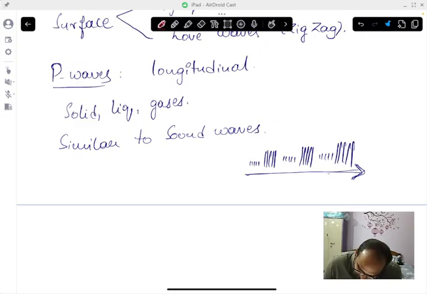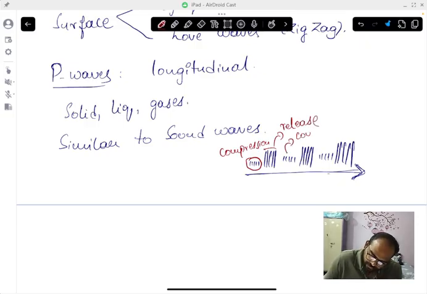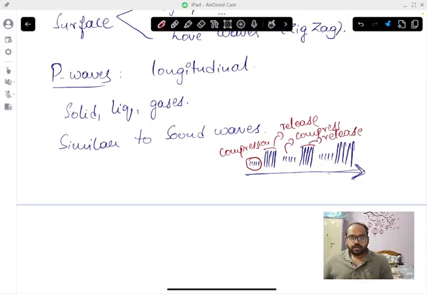Here a compression is happening, and again here a release, and again compress, and again release. While traveling through that material, these P waves are compressing that material and releasing it, compressing and releasing.